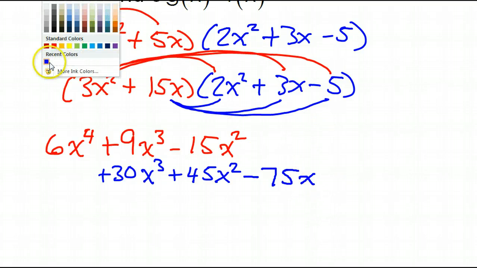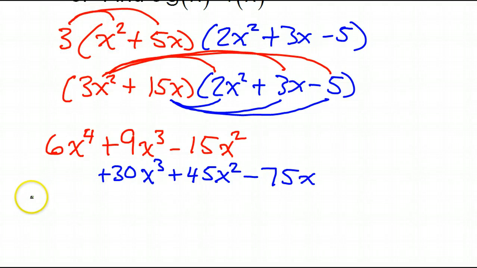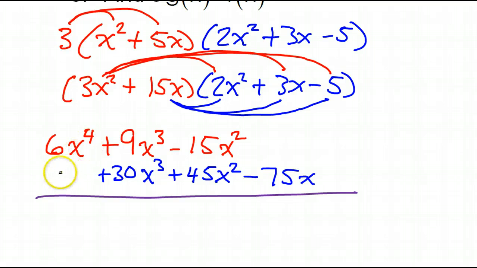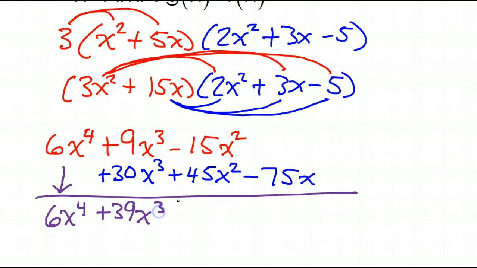Now we combine our like terms. So I just like to put a big line here. My 6x to the 4th power is just going to come down. But like terms, 30 and 9 make 39. So that'll be 39x to the 3rd power. Alright, negative 15 and positive 45 make positive 30x squared.